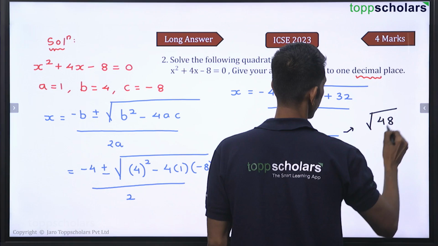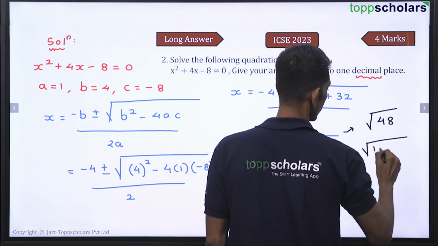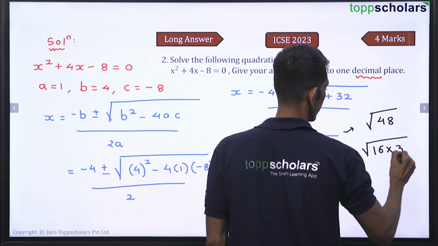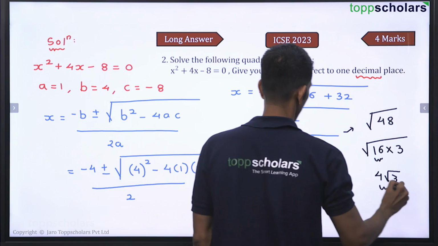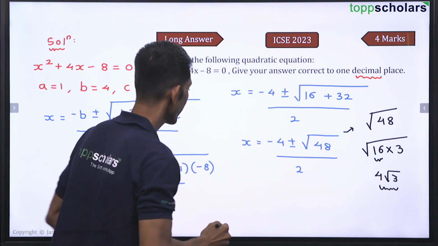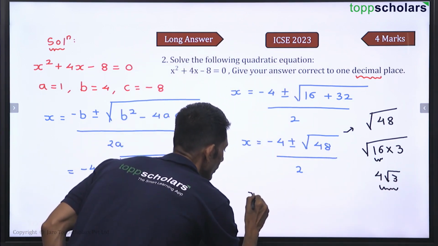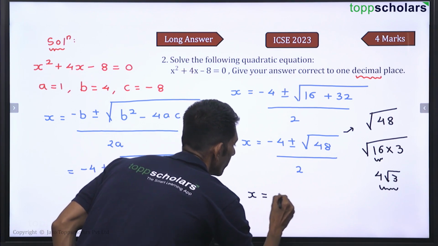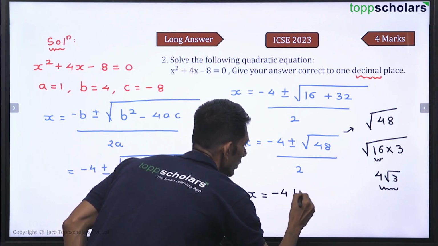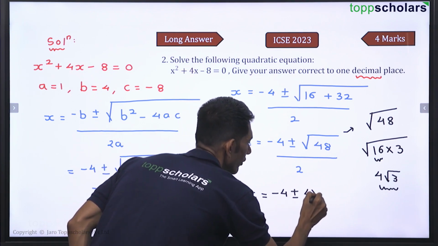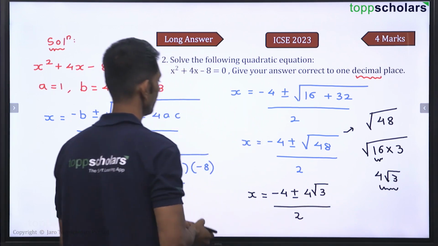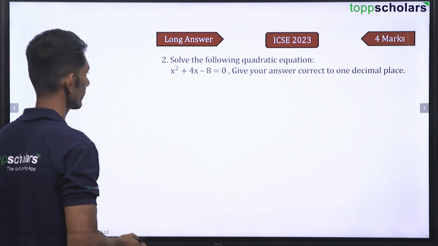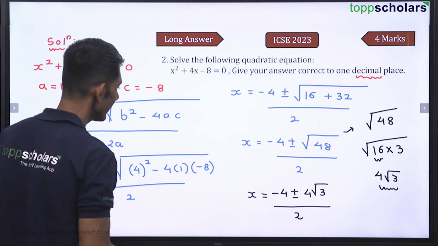Under root 48 can be written as under root of 16 into 3. What is square root of 16? 4. So can I say under root 48 is nothing but 4 root 3. So I get x is equal to minus 4 plus or minus 4 root 3 the whole divided by 2. Okay, so we can separate that.